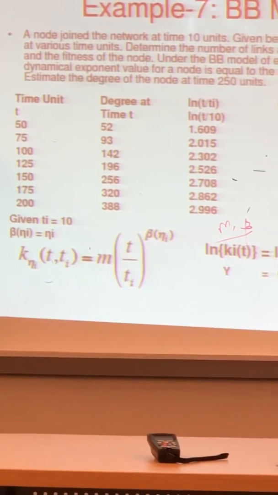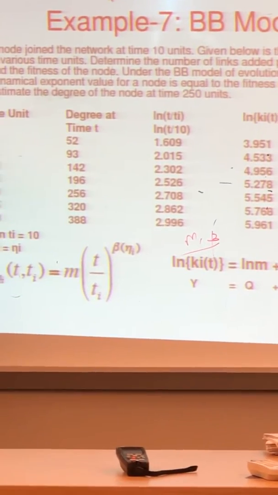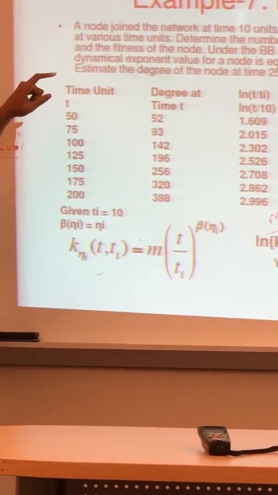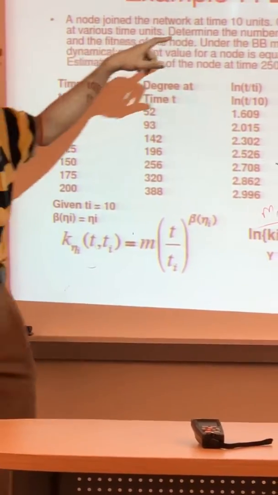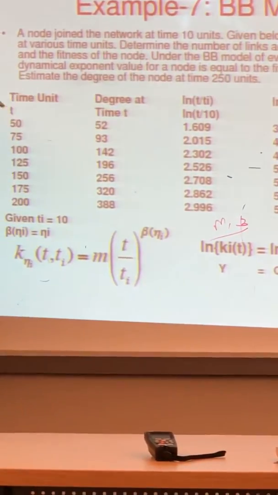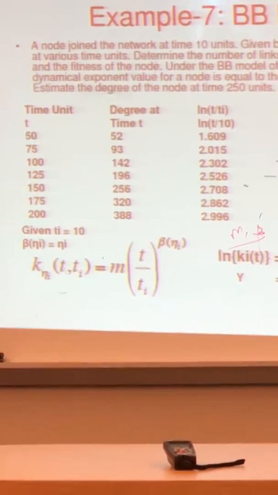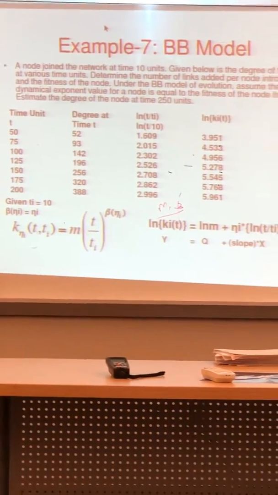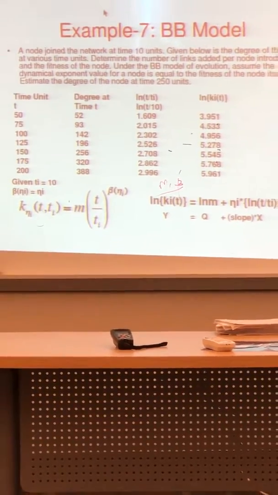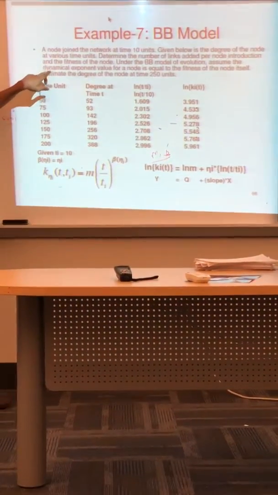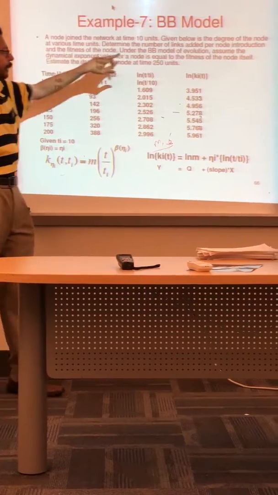So what we want to find is the number of links, again the m, and the fitness of the node, because this is a BB model. Again, I asked you to assume the beta of eta i is the same as eta.